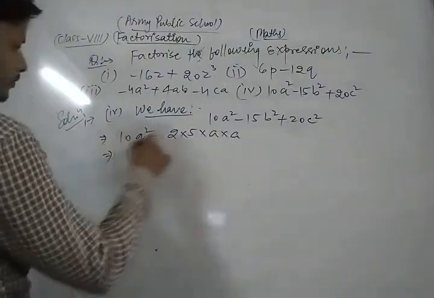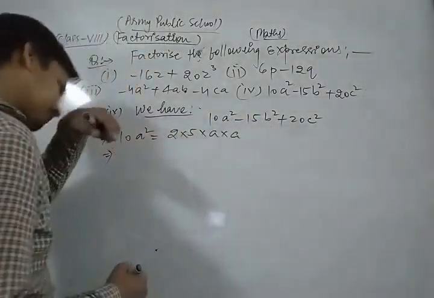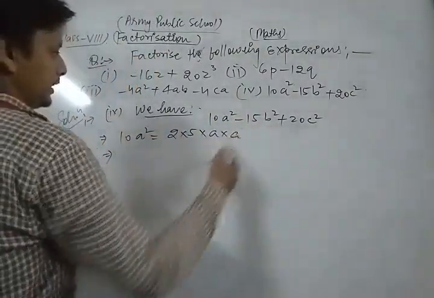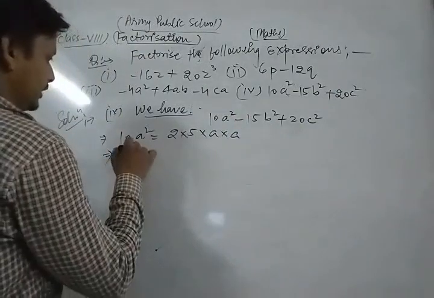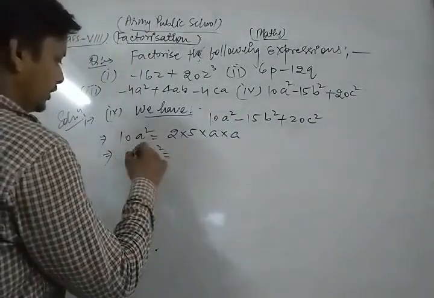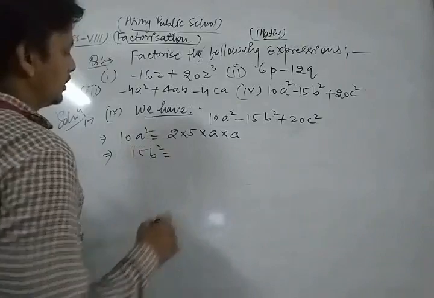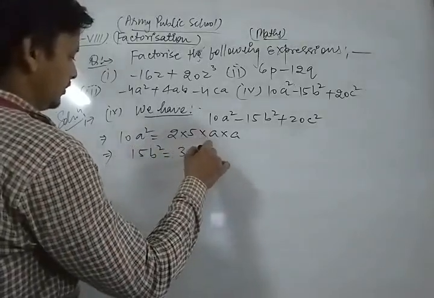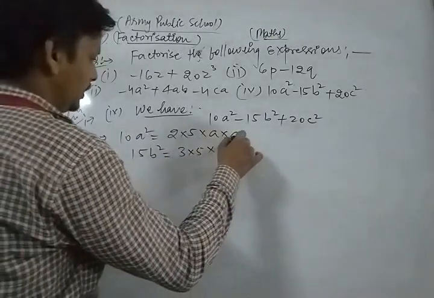Now in the second term, 15b square, we can write 15 as 3 into 5, and b square as b into b.